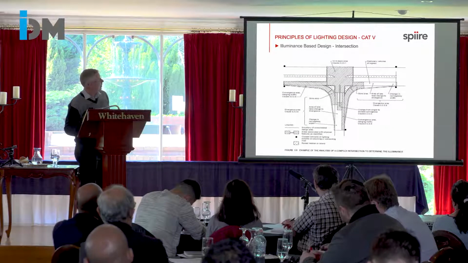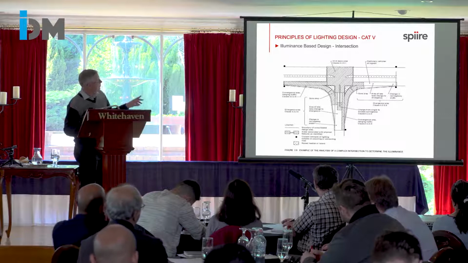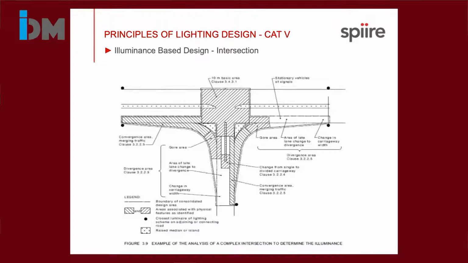And this here is your typical complex intersection design, where you've got your little islands in here, central median, and then median through here, plus potentially turn lanes. This area here basically all has to have minimum 7.5 lux throughout this entire hatched area.